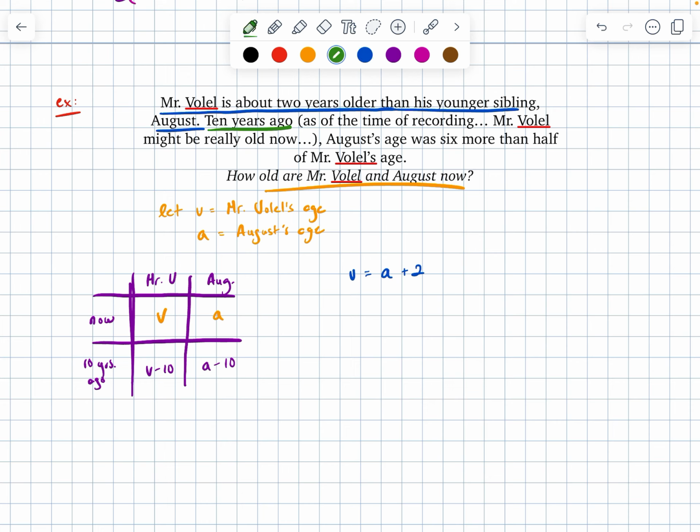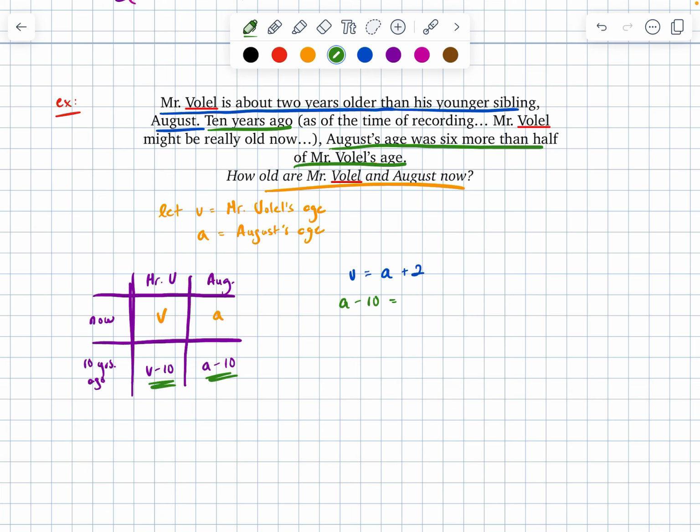And then I also have this 10 years ago case where I know that August's age was 6 more than half of mine. So August's age 10 years ago is A minus 10. So A minus 10, their age 10 years ago, would be 6 more than half of my age 10 years ago.